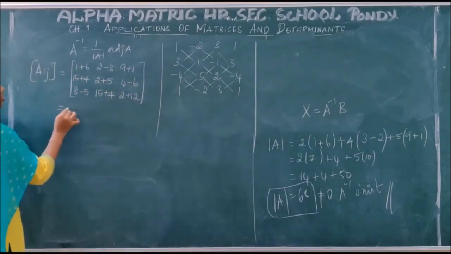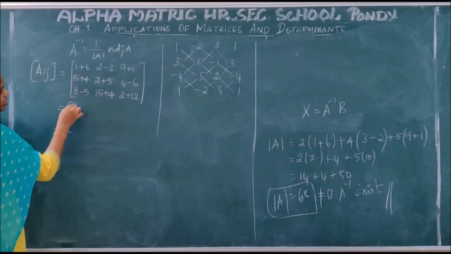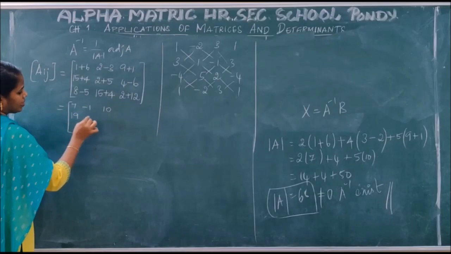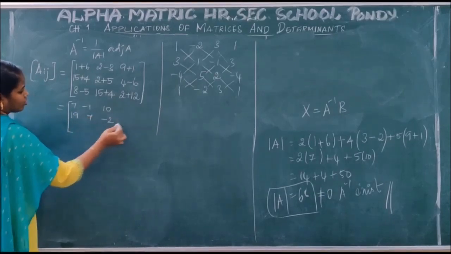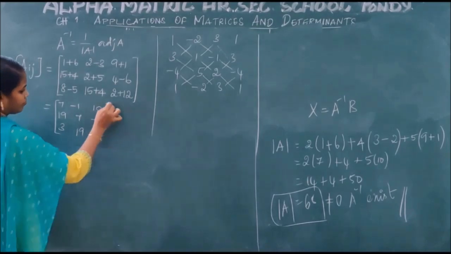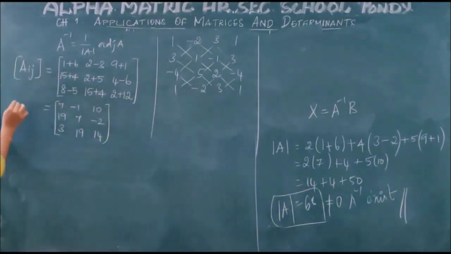Okay. So this is equal to 7 minus 1, 10, 19, 7 minus 2, 3, 19, 14. So this is our Aij matrix.